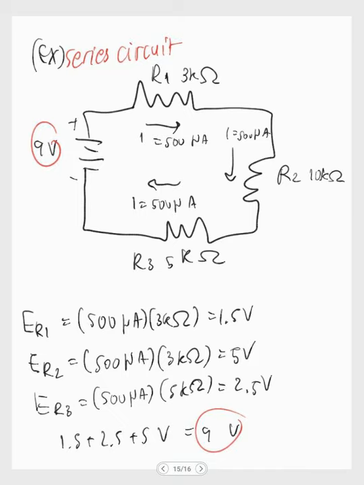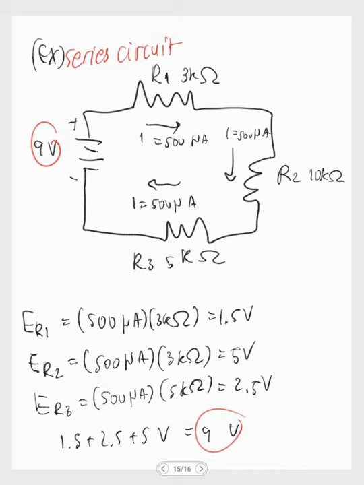From the formula that we talked about, the voltage across resistor 1 is going to equal 500 μA times 3 kilo ohm, which is 1.5 volt. The second resistor was 500 μA times 10 kilo ohm, which is 5 volt, and the third one was 500 μA times 5k ohm, which is 2.5 volt.